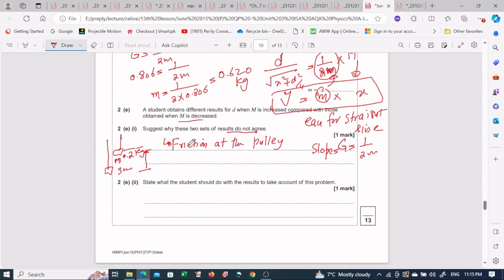How do we remove this or solve this problem of different results when we load and unload the same mass?